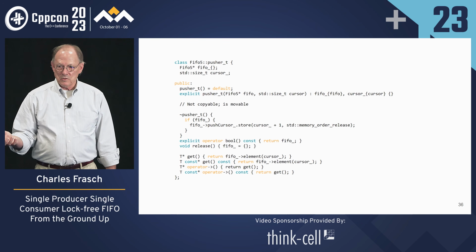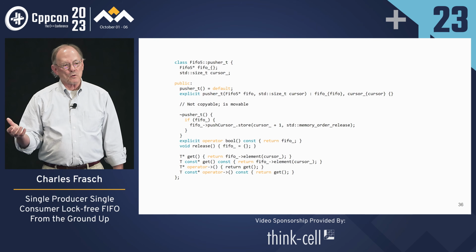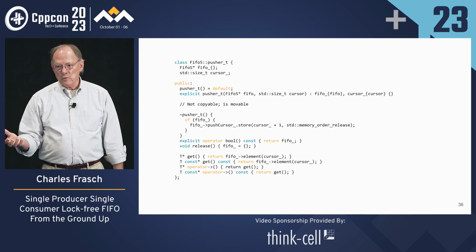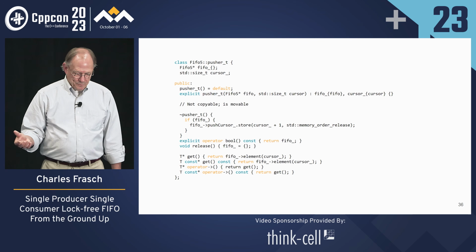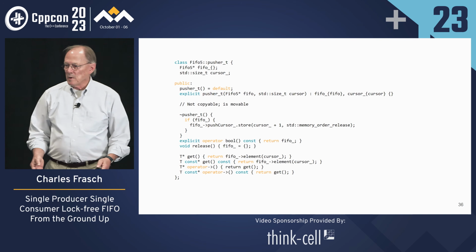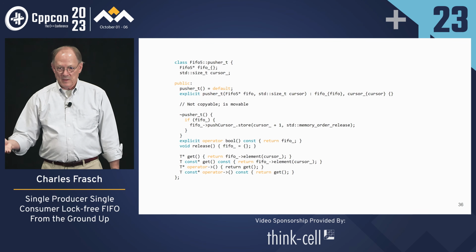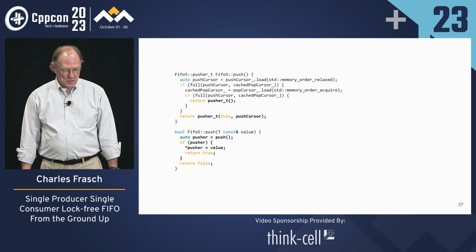It evaluates either true or false based on whether or not FIFO holds a value, and we have that release operation that sets the FIFO pointer to null, and then our smart pointer operations where we can get to different things inside the FIFO at the push cursor location.